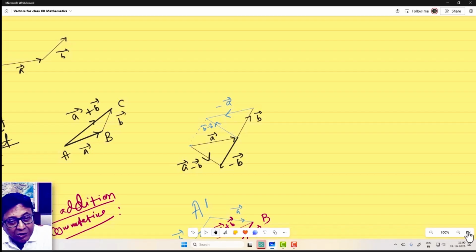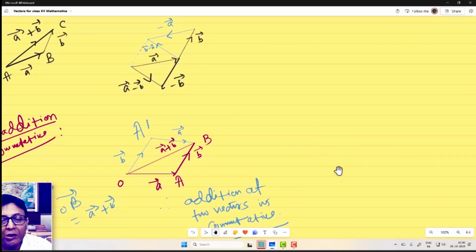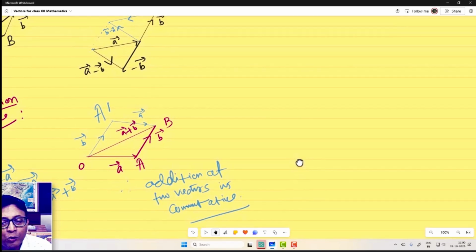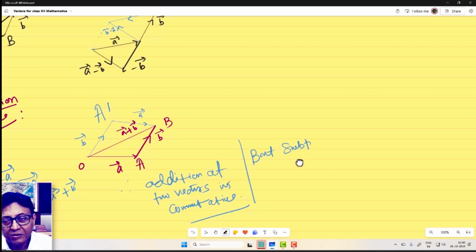Why? Because A minus B is in this direction, B minus A in the other direction. So, subtraction of two vectors is not commutative. Addition of two vectors is commutative, but subtraction is not.